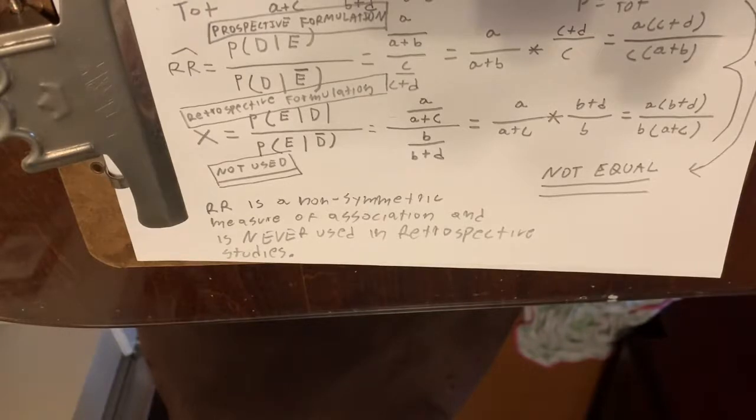But when you have a prospective study, the measure of association of choice is the relative risk, probably because people prefer to think in probabilities rather than odds. And there's some reasons for that being useful, though it could be argued. But that's the culture of our world.